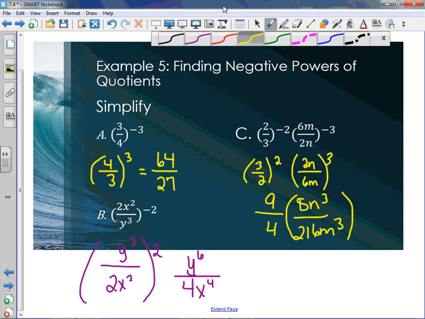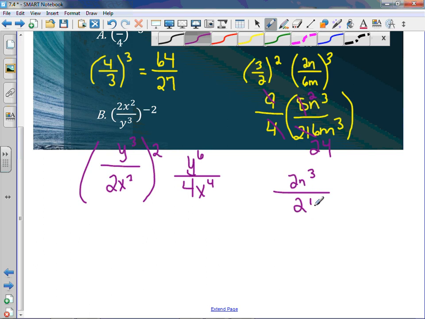Okay. So, 4 and 8, I can cancel those, and I'm left with a 2. 216 is divisible by 9, and I get a 24 down here. So I end up with 2n to the third over 24 m to the third.